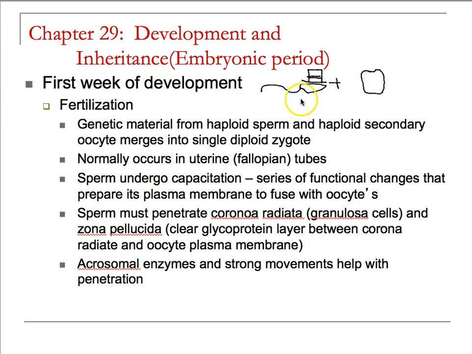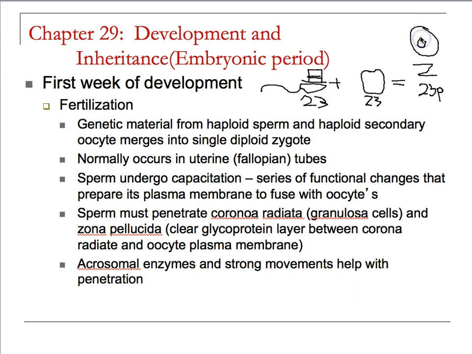So this is 23 chromosomes here, not 23 pair, 23 chromosomes here. Together, they're going to give us a zygote. That's what the big Z stands for, and that's 23 pair of chromosomes now. And remember, they're all stored inside a single nucleus, so we're going to put the nucleus inside there.